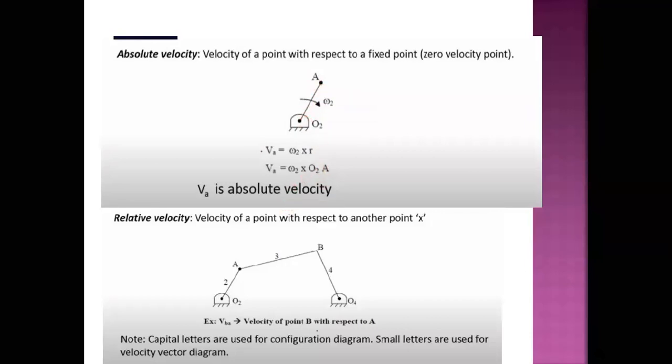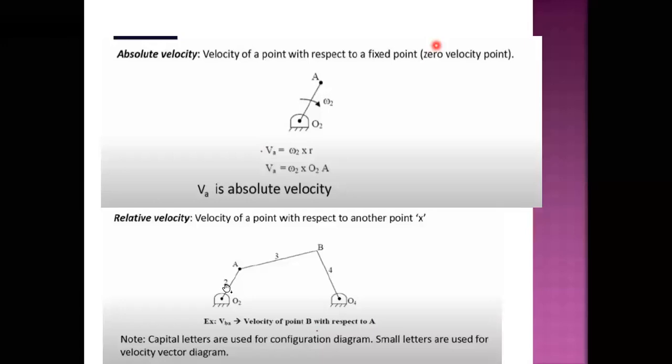Now one more is relative velocity. Relative velocity means the velocity of a point with respect to another; we measure the velocity with respect to some other reference.